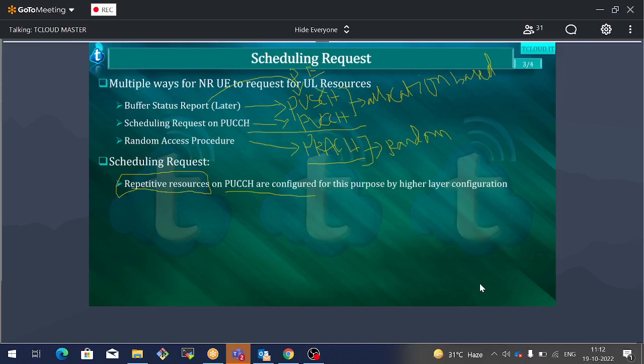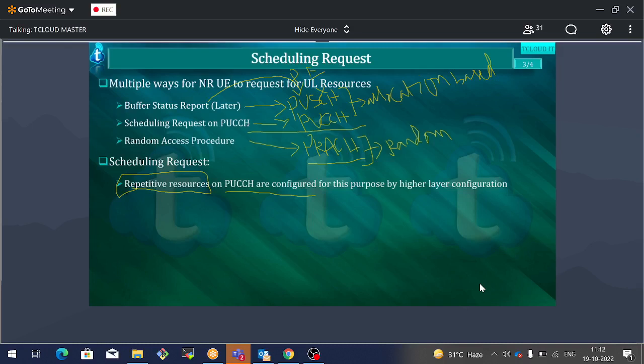Second reason: you are not doing anything in uplink. Uplink activity is kind of zero. The network is not allocating you any PUSCH resources. But the network still needs to allocate you PUCCH resources. What is the reason? Because the network is sending you a huge amount of traffic in downlink.